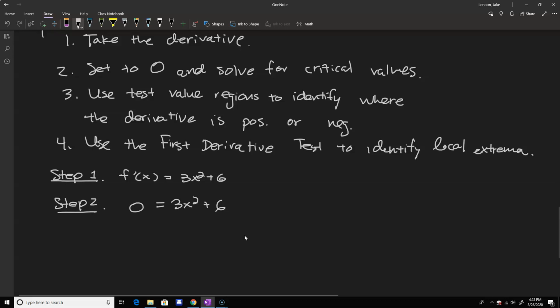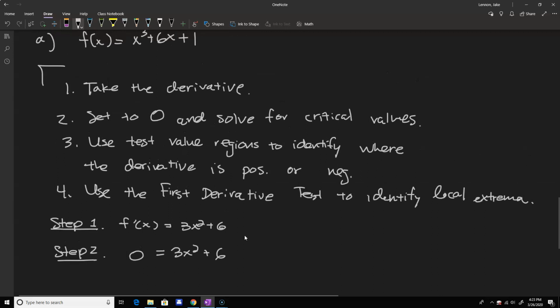So one second here. I think I may have made a mistake. I think perhaps I wanted x cubed plus 6x squared. So let's go ahead and adjust that. And the reason I'm saying that is the way it's working out, we're not going to end up with any critical values. So let me adjust this problem a bit.